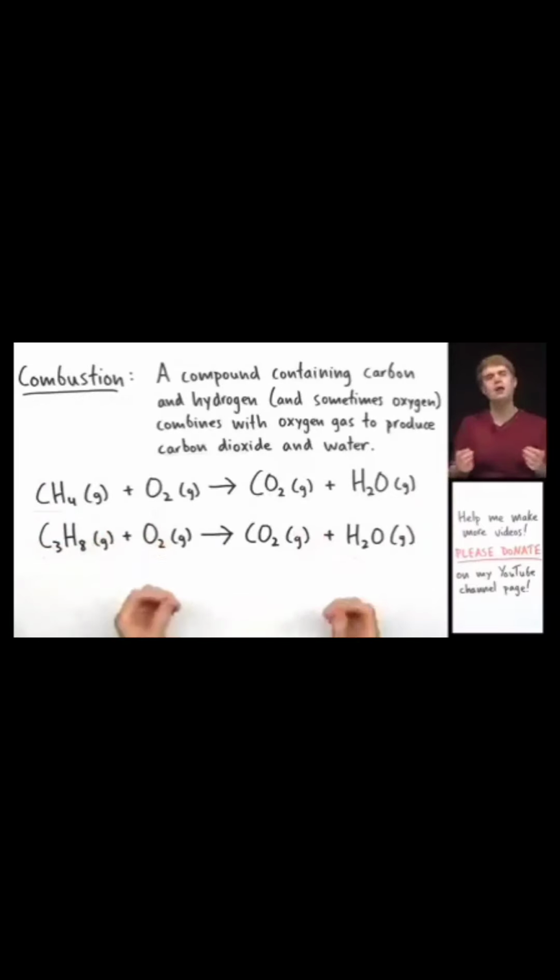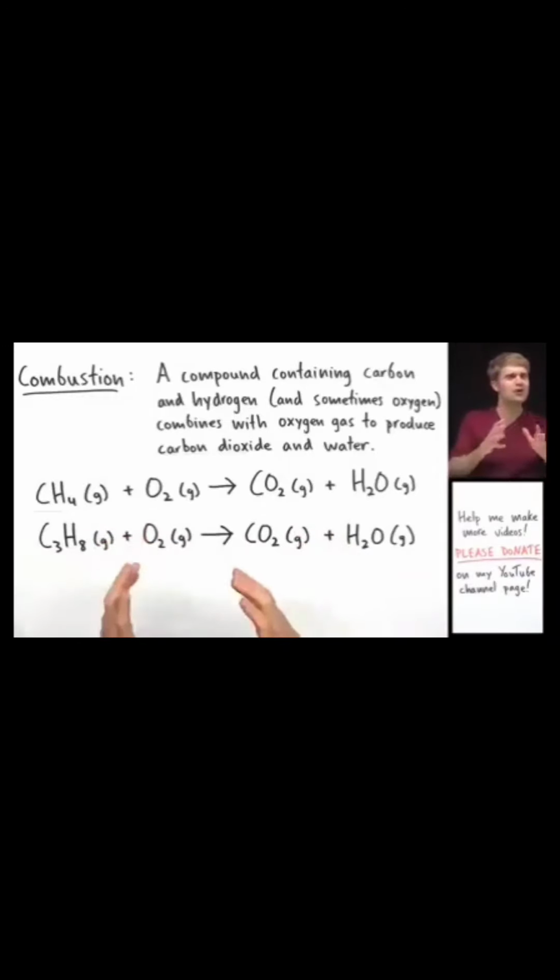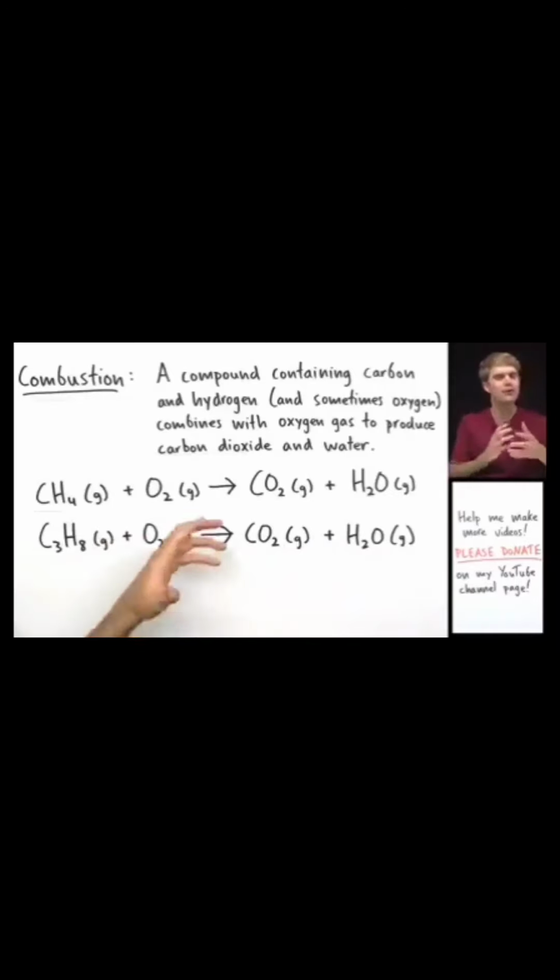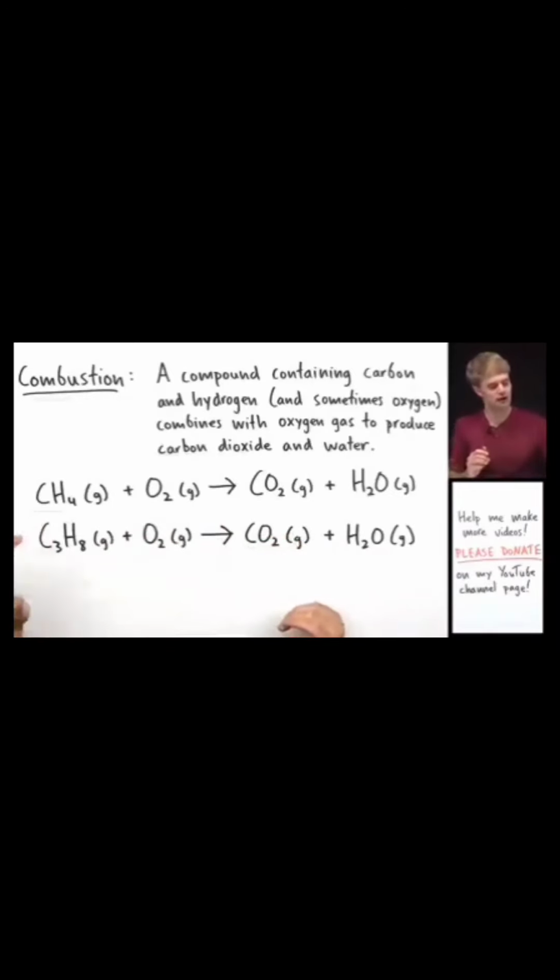It turns out that a lot of things that we burn, like natural gas, diesel, and gasoline, are really similar, and they only differ in the number of carbons and hydrogens in the molecules that make them up. So combustion reactions for a wide variety of compounds look pretty similar.